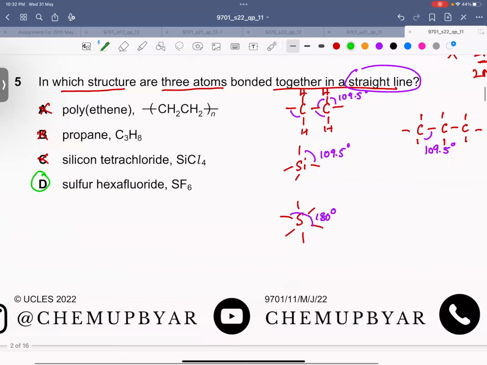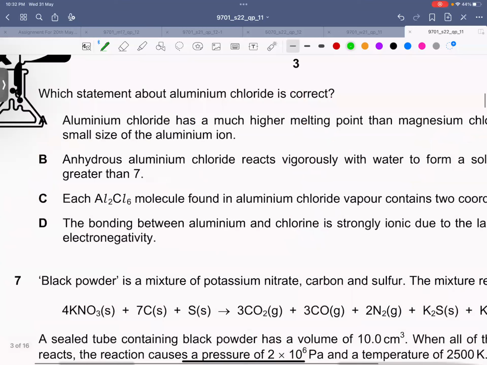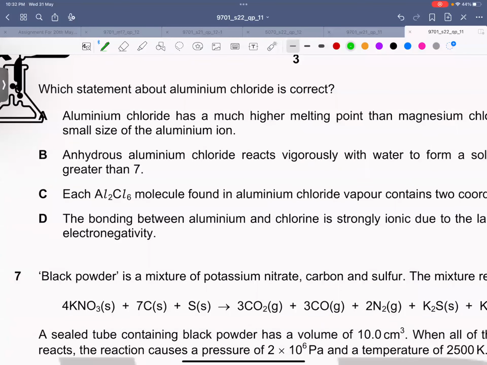Now, question number 6. Statement about aluminum chloride is correct.